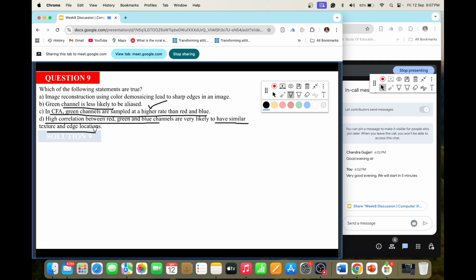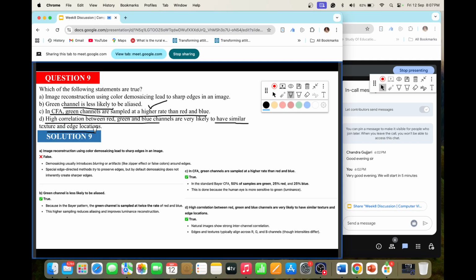Okay, so options B, C and D are right. But option A is false, because demosaicing usually introduces blurring artifacts, because whenever we are doing the interpolation, we are actually averaging. You have seen in either bilinear interpolation or ARBH that we are doing nothing but averaging. Whenever we average some pixels, we are making the pixel blur. So demosaicing usually introduces blurring or artifacts around the edges.